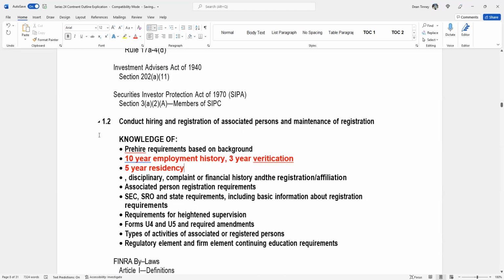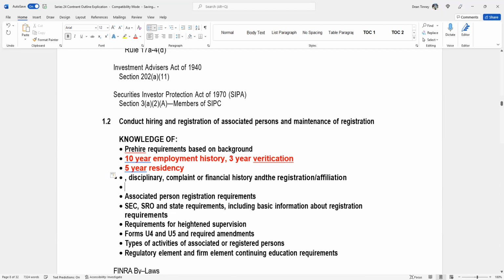We have 3 answers on the U4 that are reasons for statutory disqualification. It's not a test term, but in the industry, if you can answer no to every question on the U4, that means it's a clean U4. And if you have a yes answer, that's called a dirty U4.